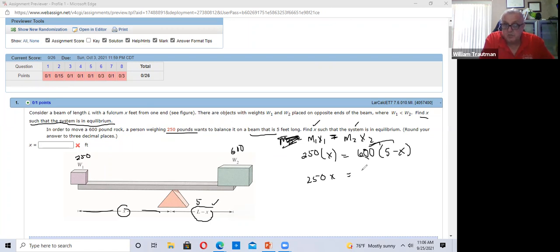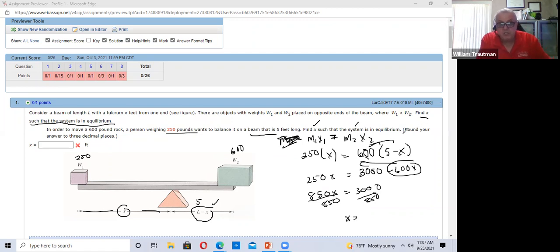250X equals 3,000 minus 600X. Take this over to the other side, and I get 850X equals 3,000, divided by 850, divided by 850.